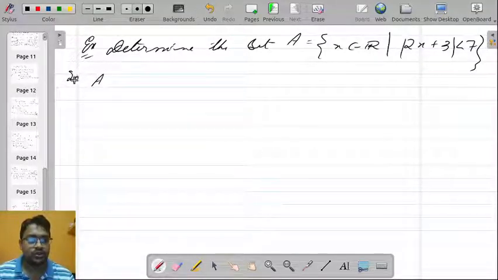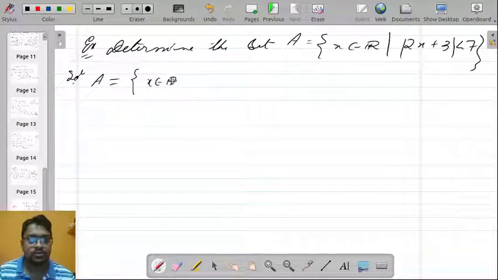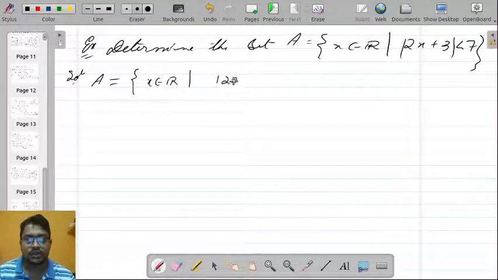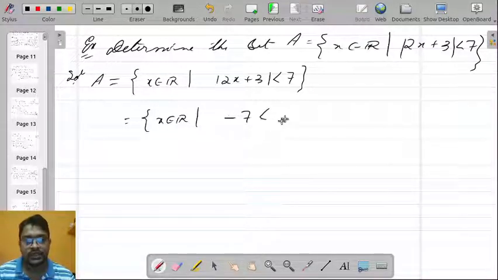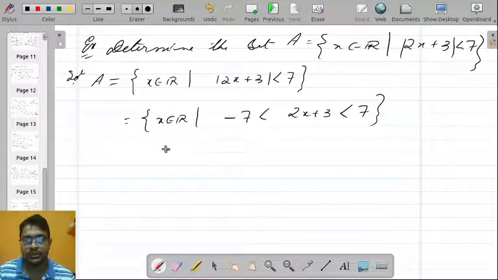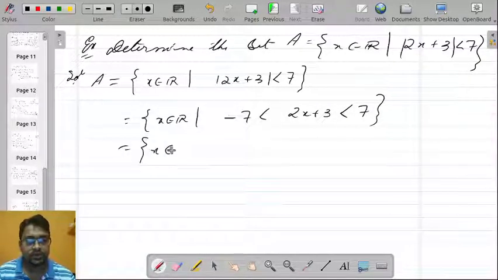So the solution, you can just start with A equal to the set of x belongs to R such that mod of twice x plus 3 is less than 7. Okay, so this is the set of x belonging to R such that minus 7 is less than twice x plus 3 less than 7. Okay, this is the set. So this is the set of all those real numbers which satisfy this condition.